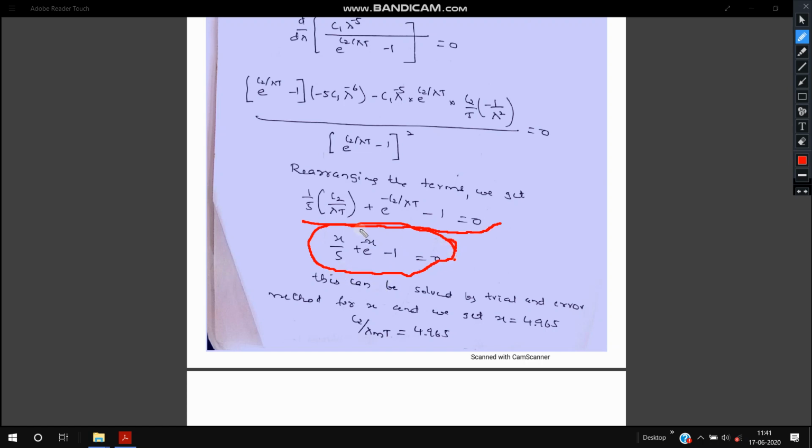Solving this by trial and error method, we get x equal to 4.965. So C2 by lambda T equals 4.965.